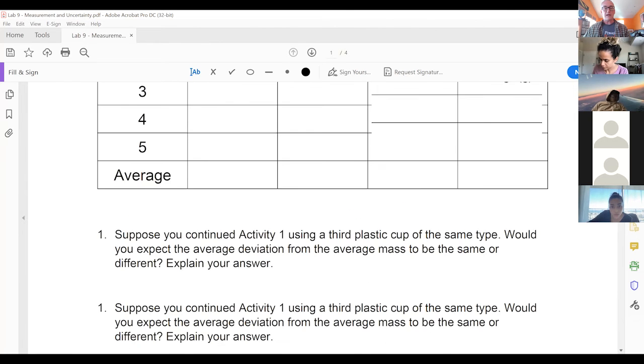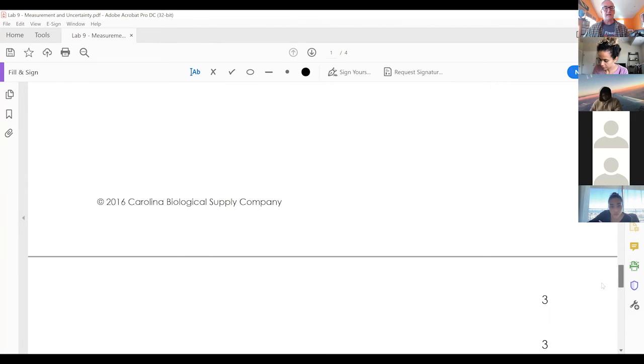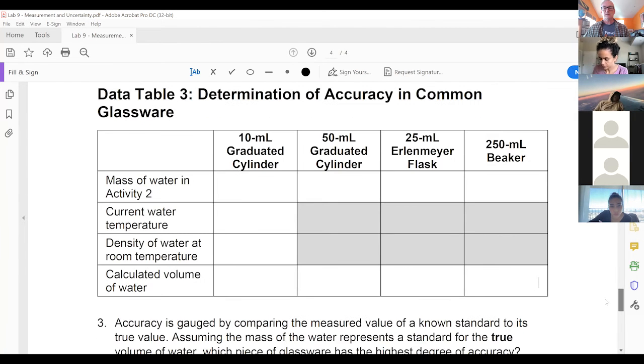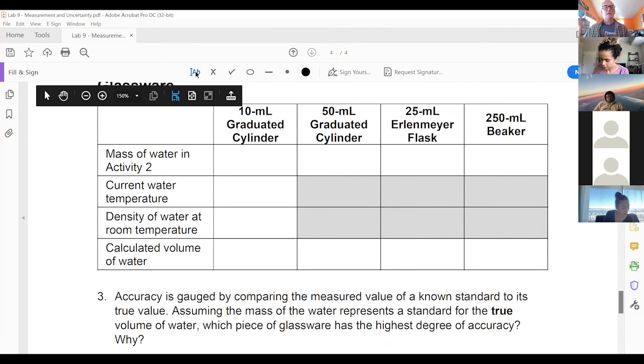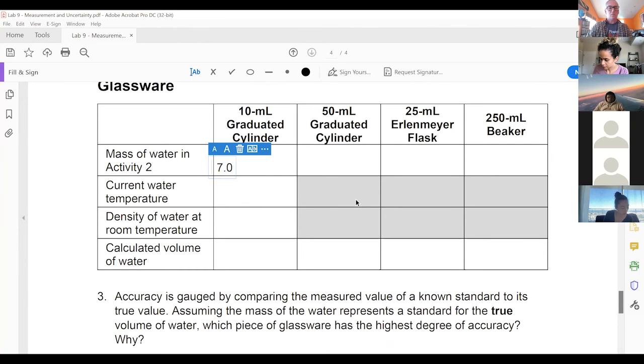Then our accuracy is in the last table. My mass was 7.06. Current water temperature was 7. Density was 0.9999. And again, you want the units in here.